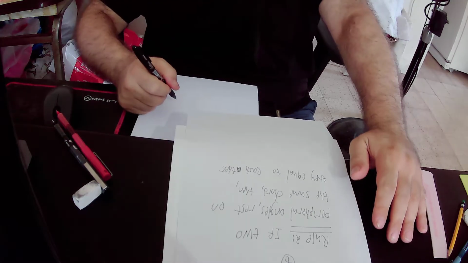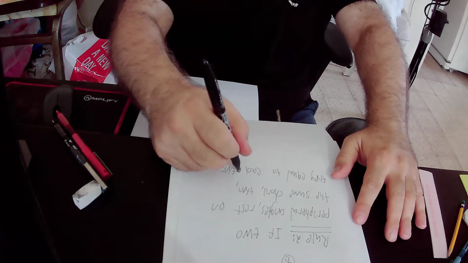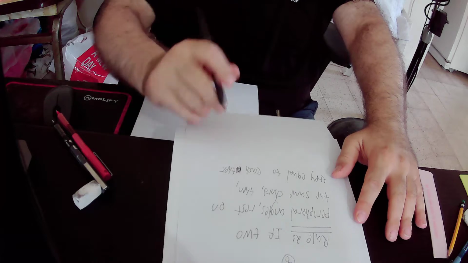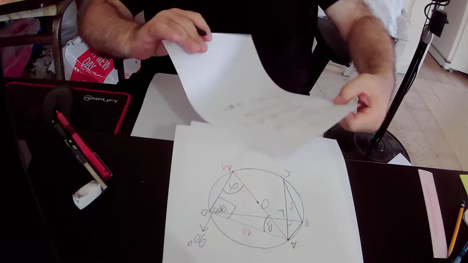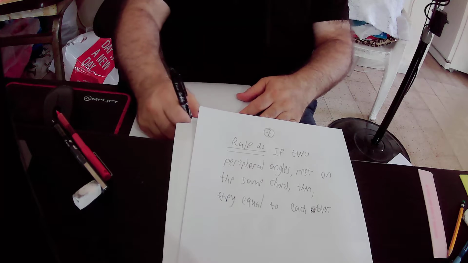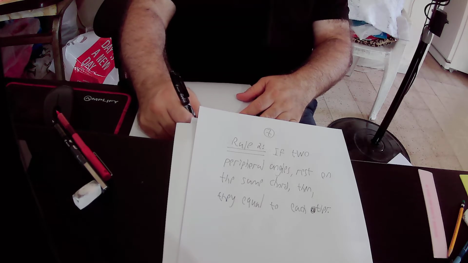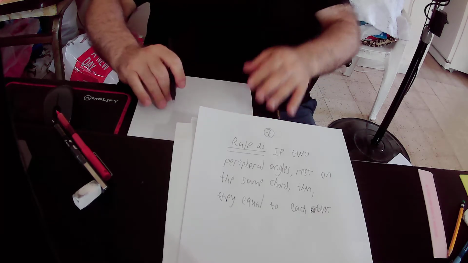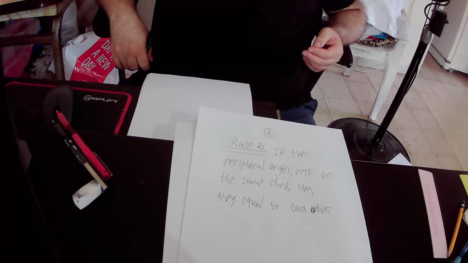So I will read again rule number two. Rule number two states that if two peripheral angles rest on the same chord, then they equal each other.